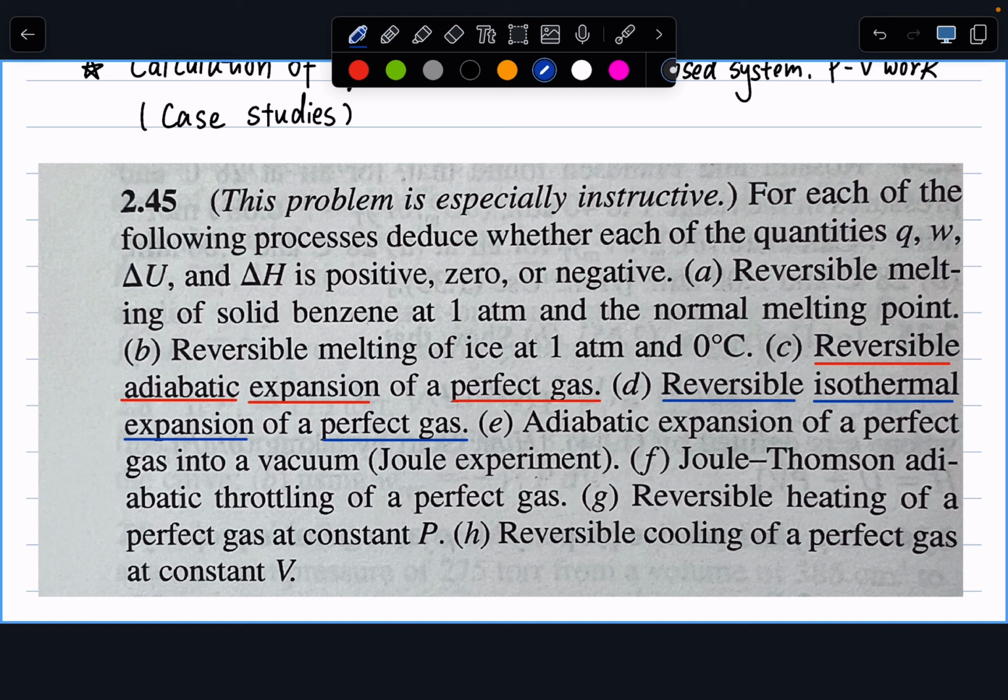Like say, instead of telling you it's a reversible isothermal, I can say, hey, a reversible change of a perfect gas at 298 Kelvin. So we're giving you a specific temperature. That's the same as saying it is an isothermal process at that specific temperature. And you should be able to answer this question within like 2 minutes. You don't have to do any calculation, just use your intuition to solve this problem.